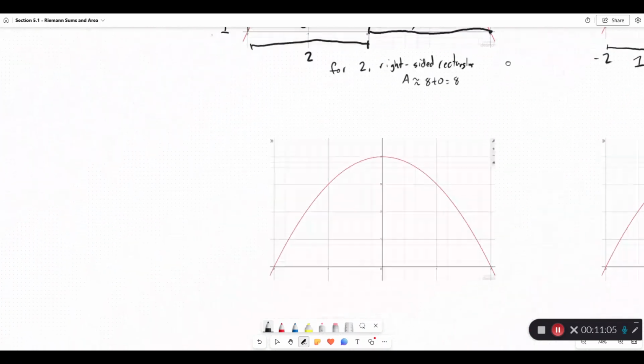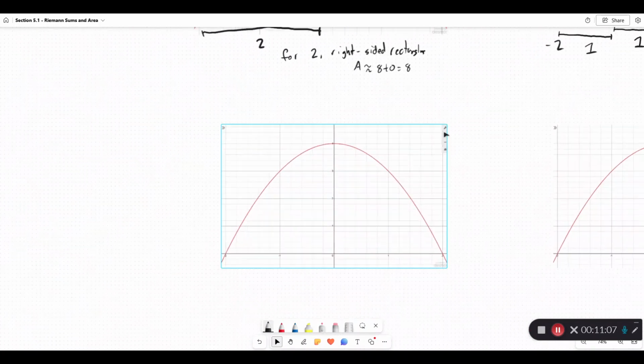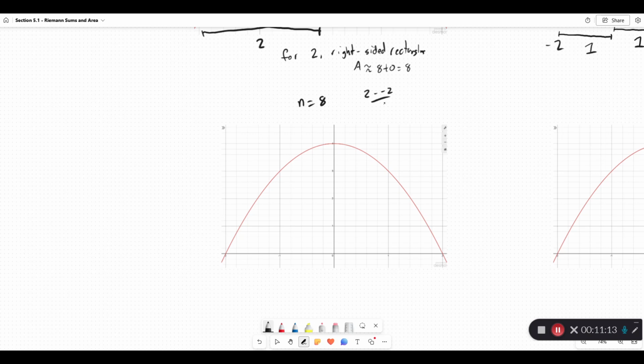Now let's do a lot more. And in fact, instead of doing 4, I'm going to choose n equals 8. So once again, 2 minus -2 over 8 is 1/2. That's where all of these rectangles are going to go.